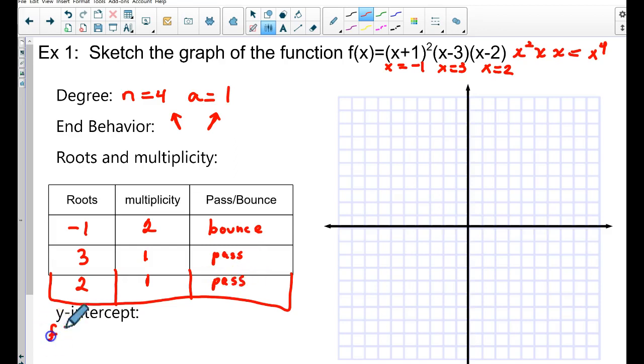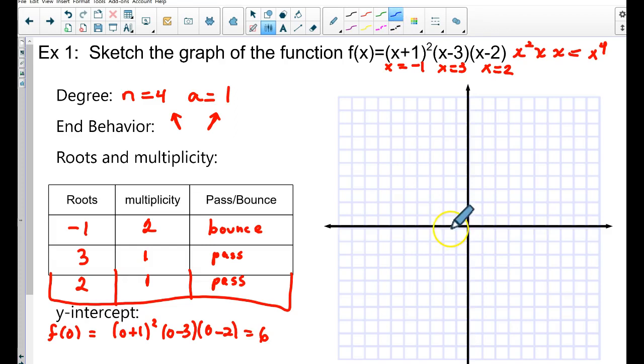To get a y-intercept, you're going to set x equal to 0. So that would be 1 times -3 times -2, or +6. And so now we're going to actually graph it. I'm going to change color pen.